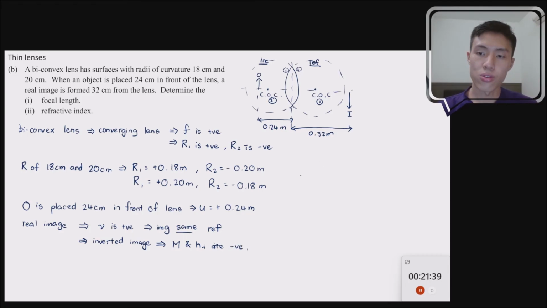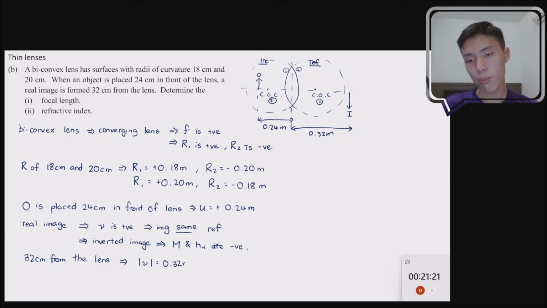Okay, so it's real, it's inverted, and because they say it's 32 cm from the lens, this is telling you the image distance, right? So it's telling you that modulus V is equal to 0.32 meter, but once you already determine that V is positive, you can open up the modulus and V is equal to positive 0.32 meter.